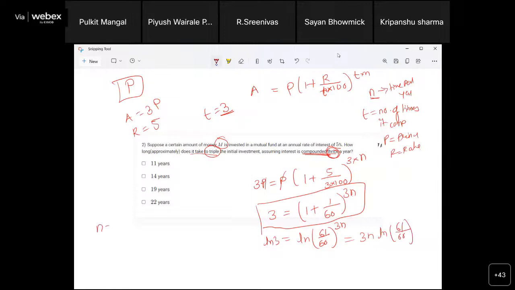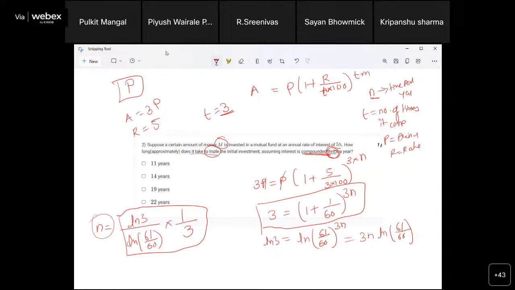So n equals ln of 3 upon ln of 61 by 60, into 1 by 3. Just put this value in the calculator and you will get the answer for n.